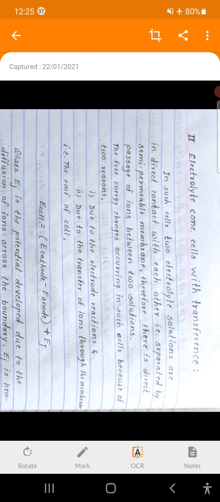A cell with a salt bridge is considered an example of cells without transference. No direct ion transfer is possible in that case.